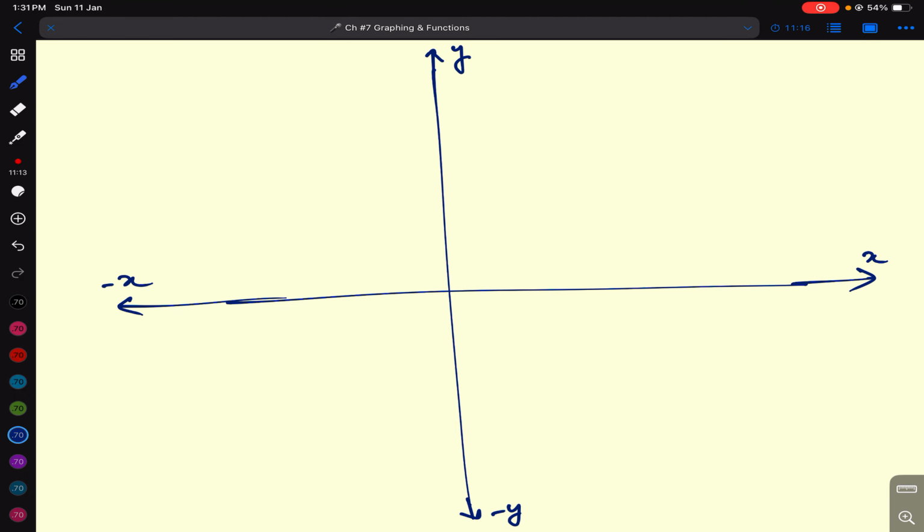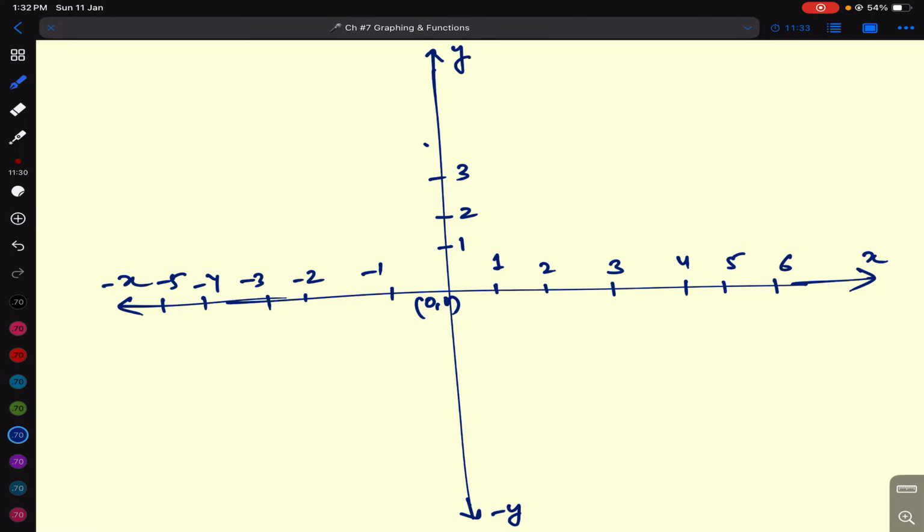Now this is 0, 0, then 1, 2, 3, 4, 5 and 6, and negative 1, negative 2, negative 3, negative 4, negative 5, negative 6 on each axis.